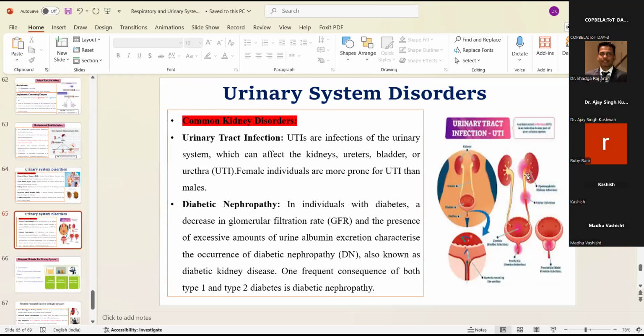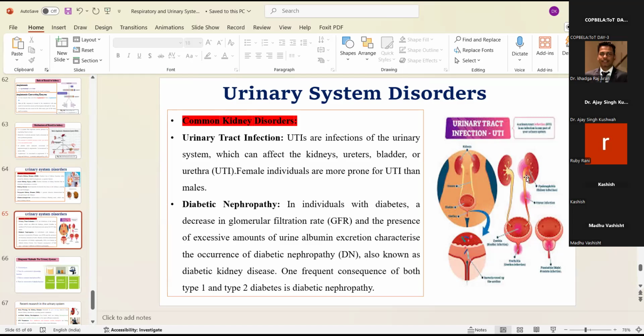Some other diseases that are associated with the urinary system, like urinary tract infection, is most commonly observed in females as compared to males, and that can affect the bladder and urethra of the urinary system.